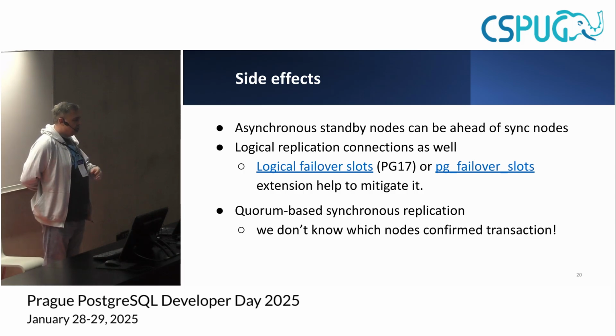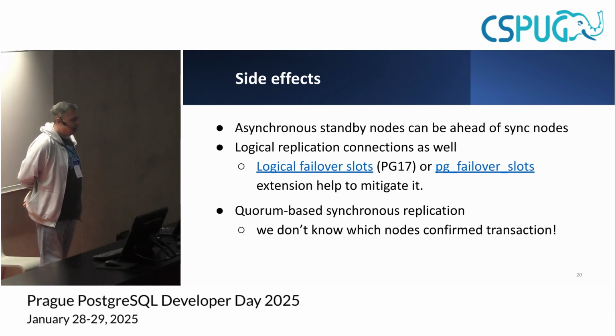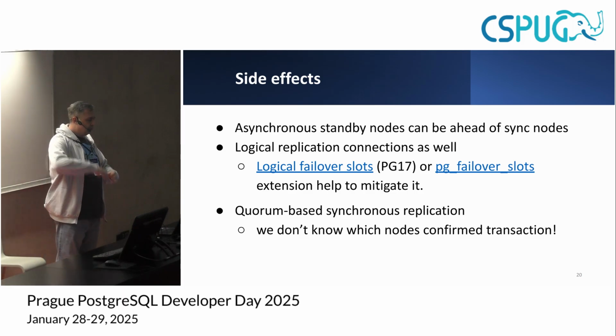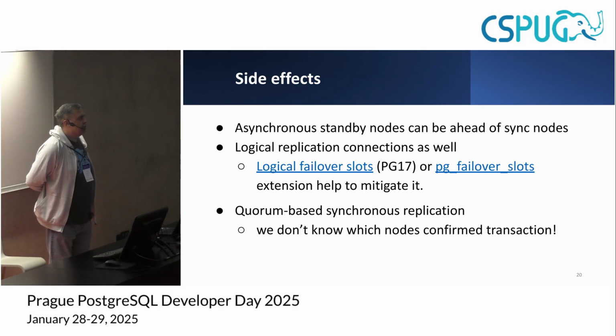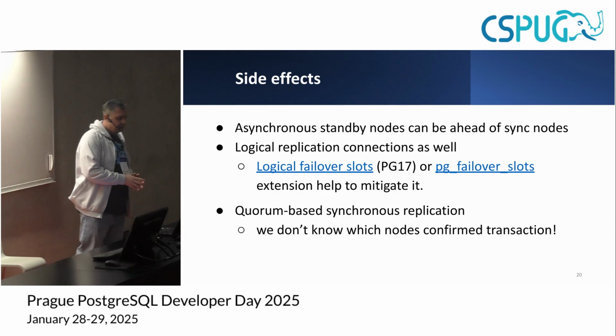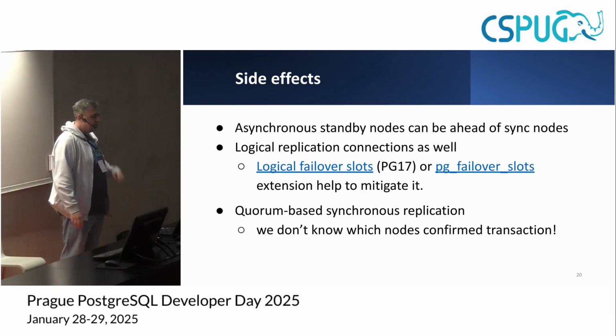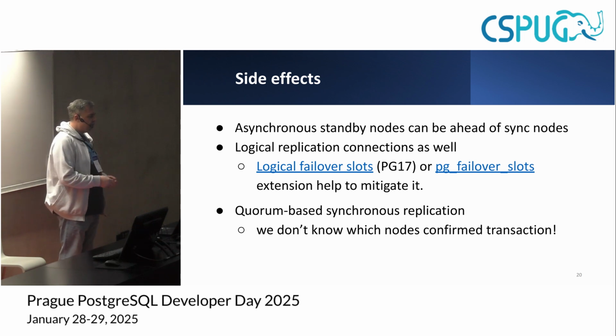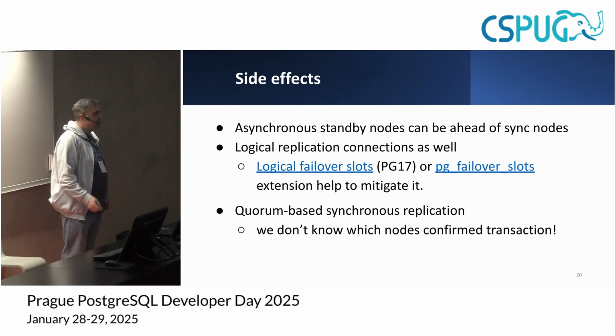In fact, logical replication exhibits very similar behavior. It could go ahead of synchronous nodes. So when your application relies on logical decoding, receiving changes and stuff like that, it could see some changes that never happened because the primary failed and a synchronous standby was promoted.